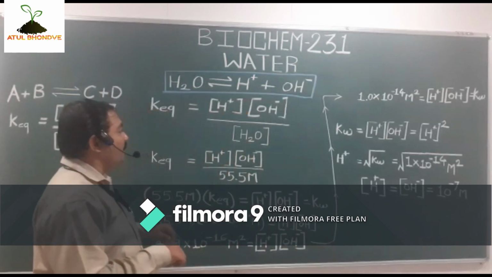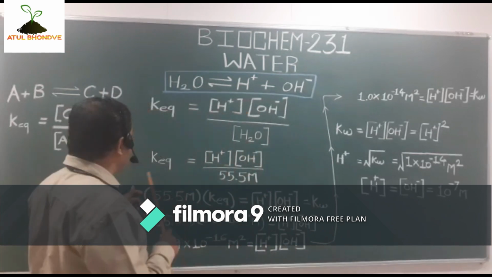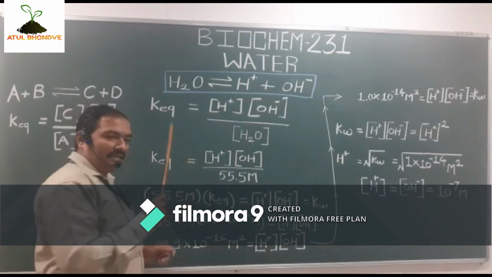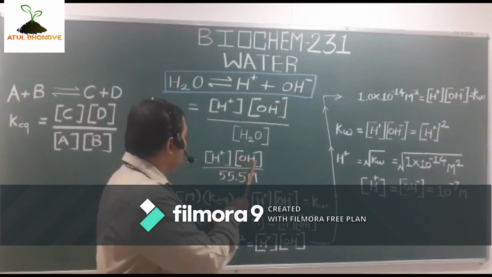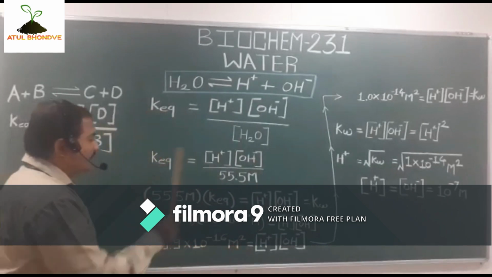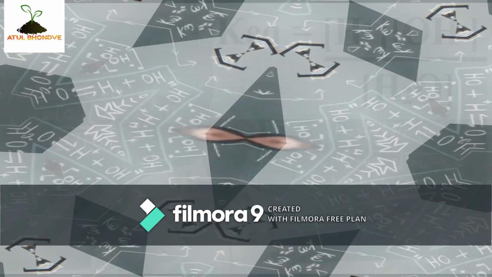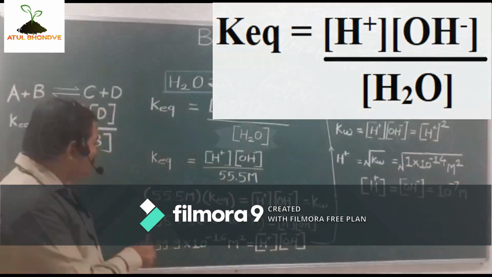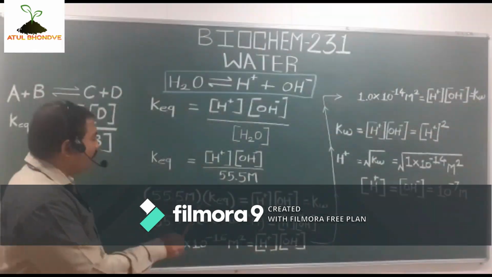So as the reaction is carried forward, K equilibrium is equal to H plus OH minus divided by 55.5 moles.